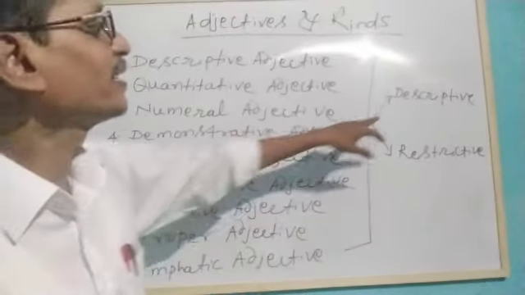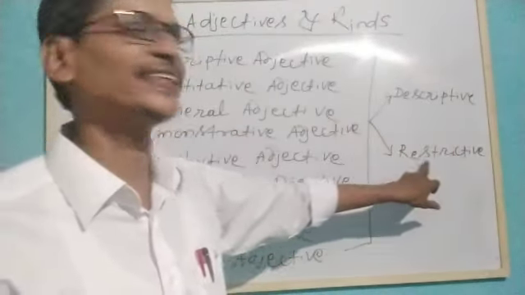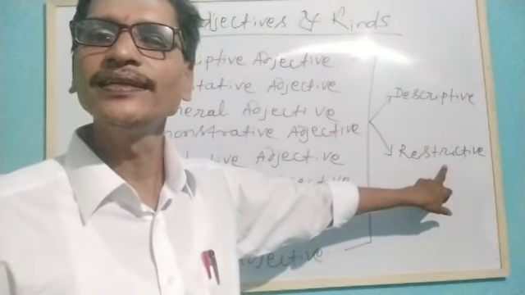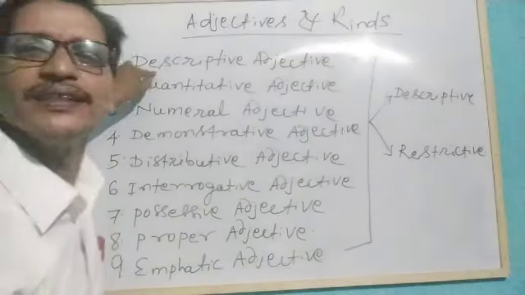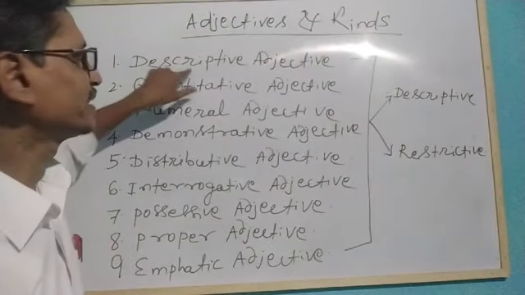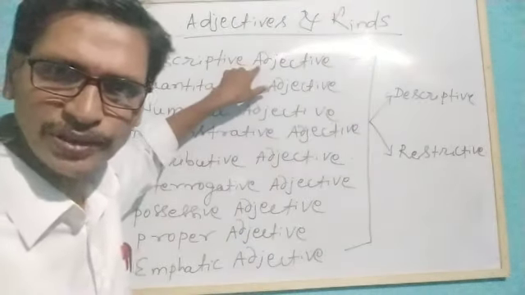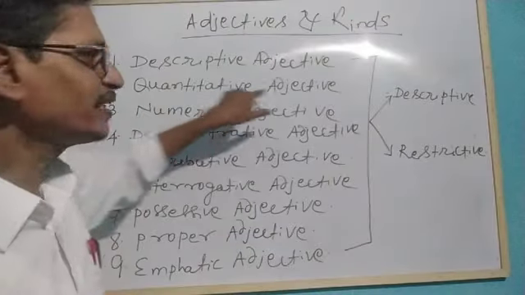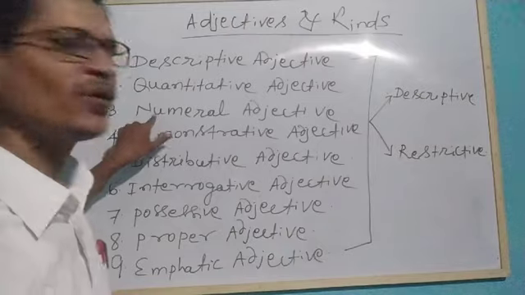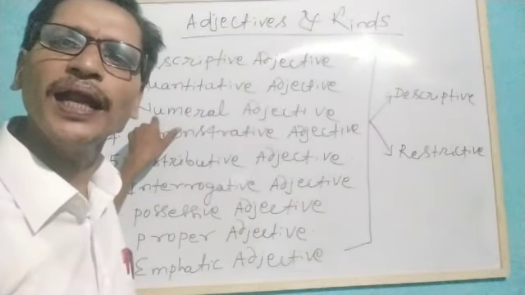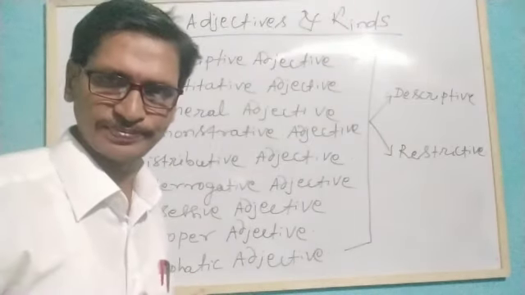And they are descriptive and restrictive. Okay? And last class our discussion was about descriptive adjective. We understood about them. Quantitative adjective, also we understood about them. Similarly, we discussed numeral adjectives as well.